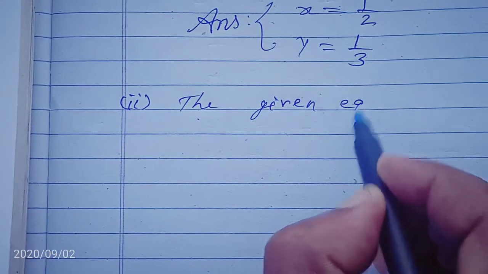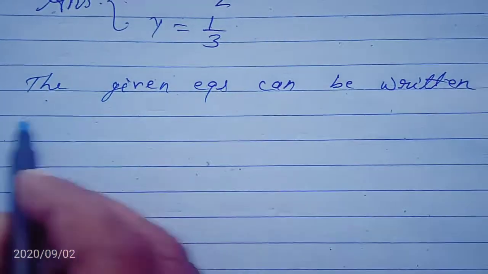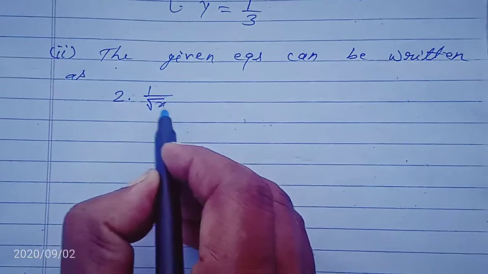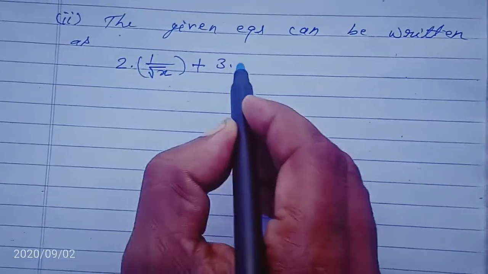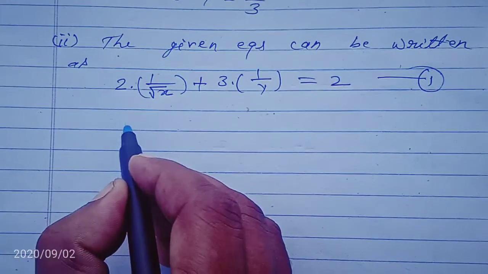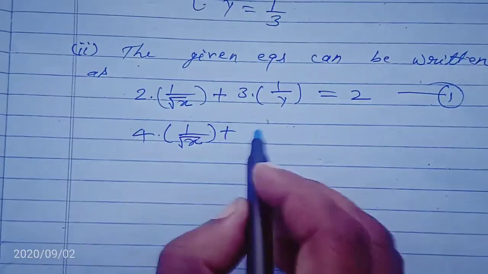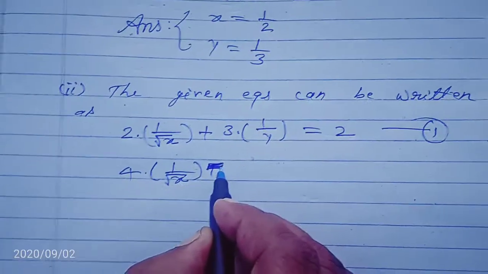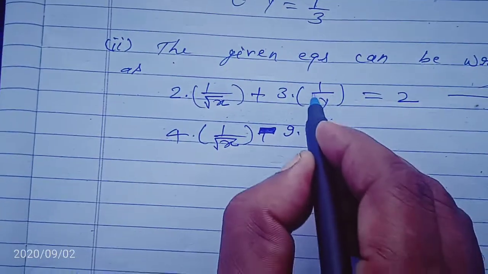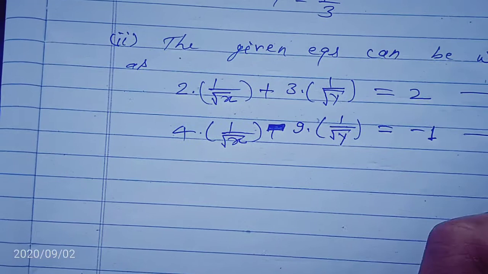The given equations can be written as 2 into 1 by square root x plus 3 into 1 by square root y is equal to 2, equation first, and 4 into 1 by square root x minus 9 into 1 by square root y is equal to minus 1, equation second.